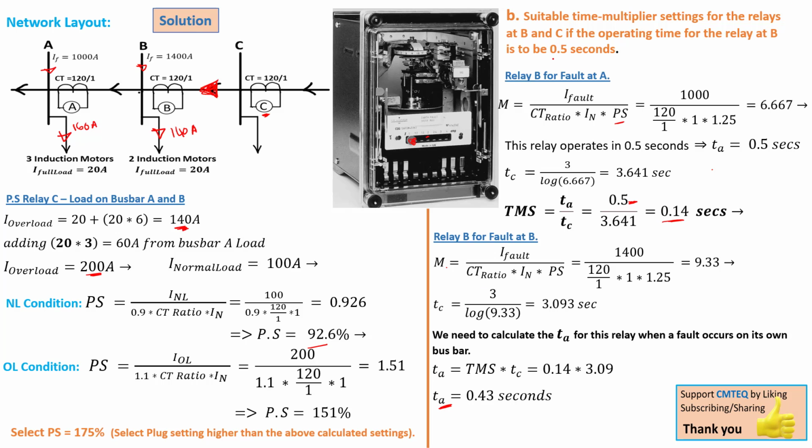Forget about here, they say that relay B has to operate at 0.5 seconds. That is a specific relay, but for this relay C, they're not saying anything to you. That means you need to take account of the grading margin. I discussed the grading margin in my earlier tutorial on these IDMT relays, so please ensure that you watch that tutorial and get yourself up to date.